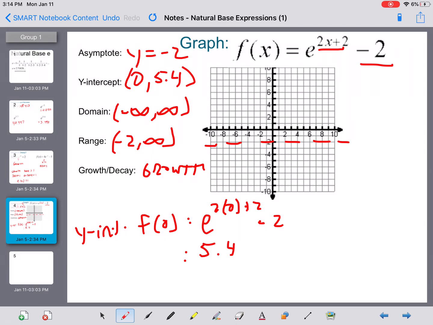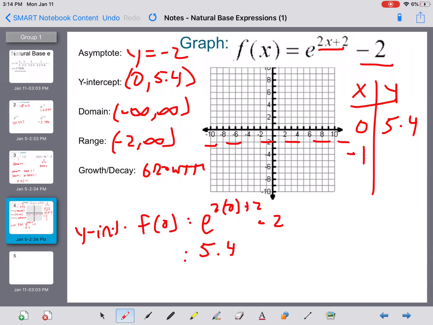So to find 2 points, we've already found 1. We have 0, 5.4. And to find the other, when I evaluate e to an exponent, I want it to be to the 0 power. So I would ask, what do I need to plug into x to get that to be e to the 0? I can plug in -1.